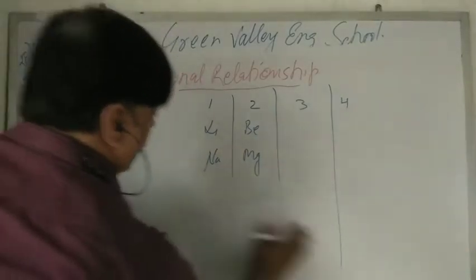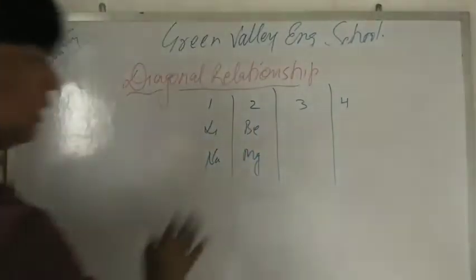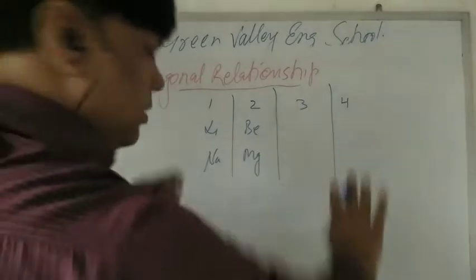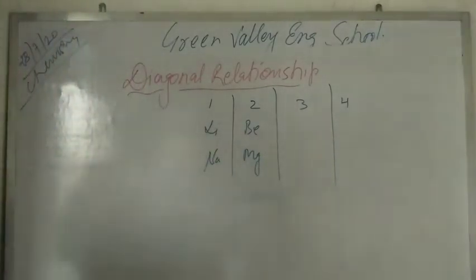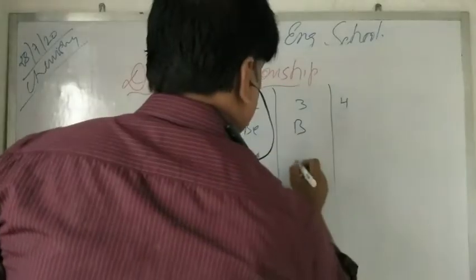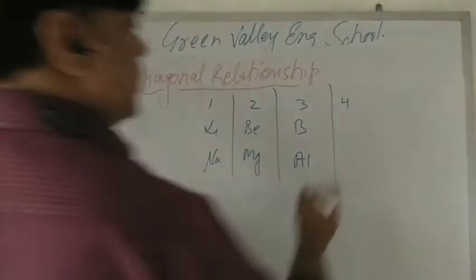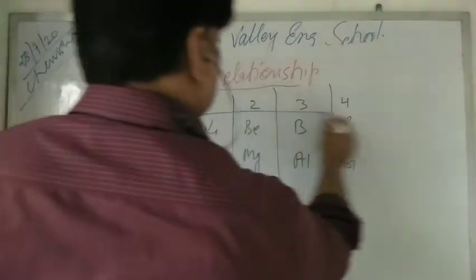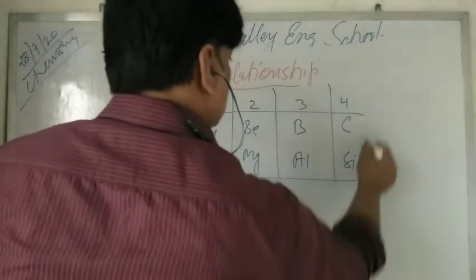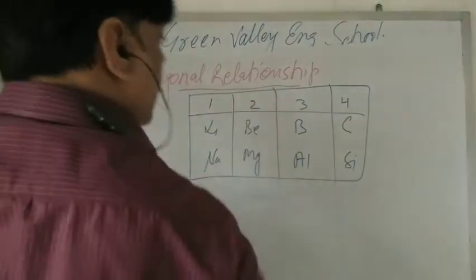We are going to write only the first two members, lithium, sodium, beryllium, magnesium, in group 13. These members show diagonal relationship.